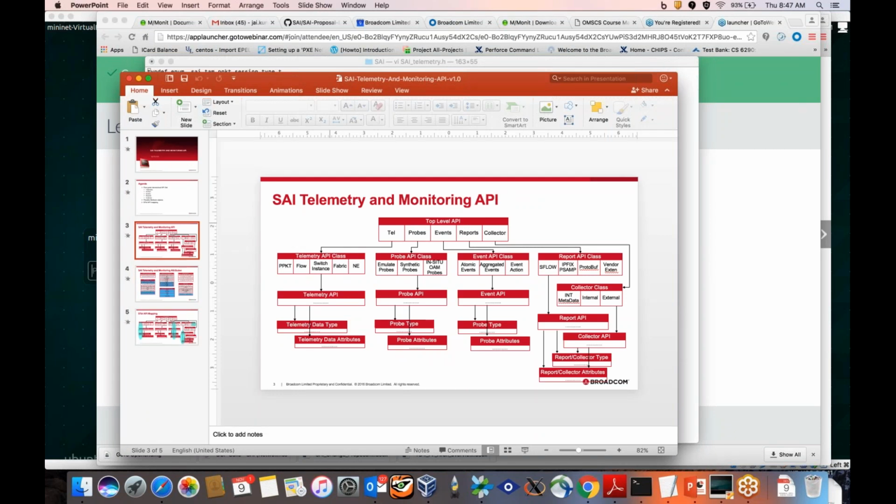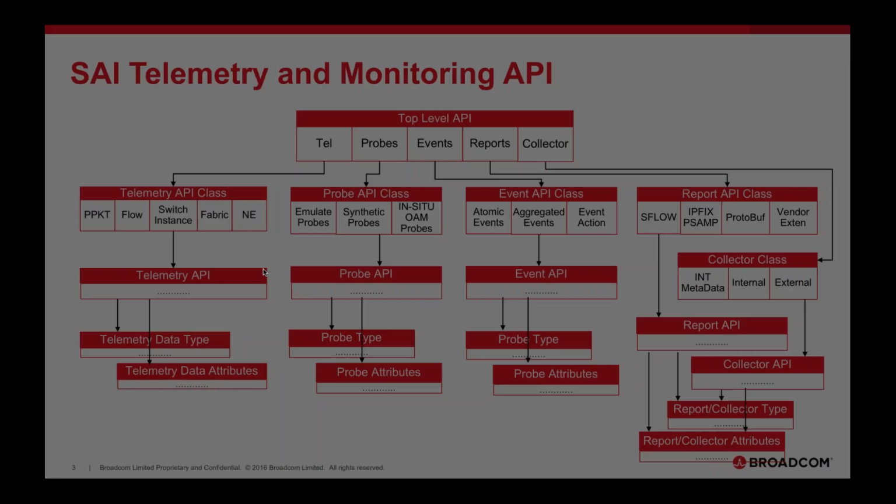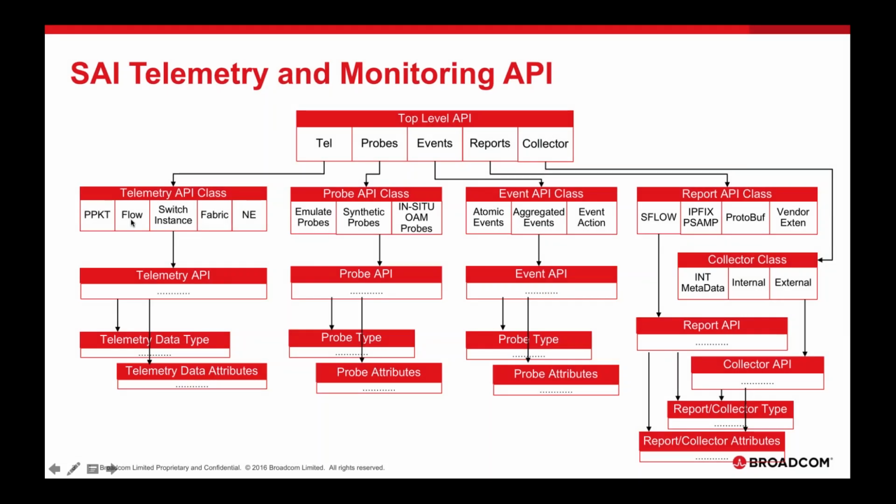Yes, right. So my focus is to bring the existing implementation up to speed, meaning I'll be focusing on the per packet API and the flow API. Switch instance, we will bring later on. We already have work in progress for the probe API class. This we will bring in. Event API, we have some aggregated events, but atomic events will probably get prioritized.